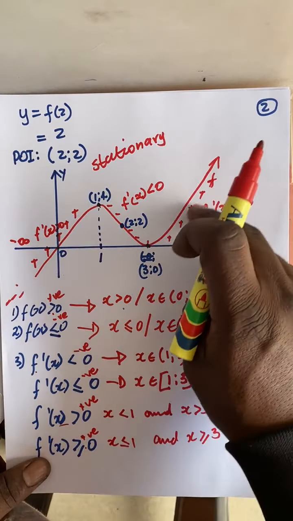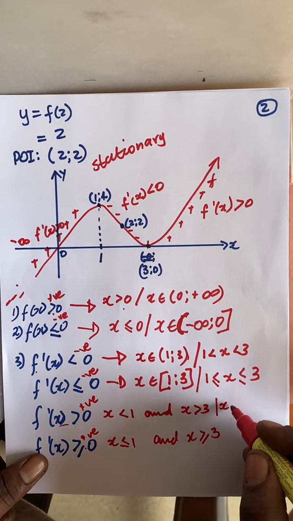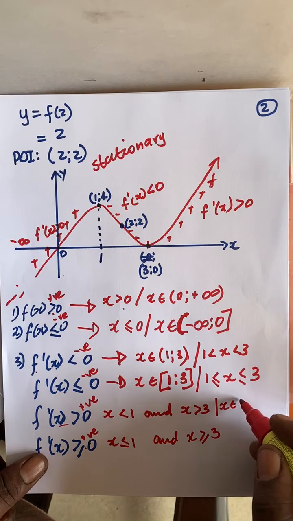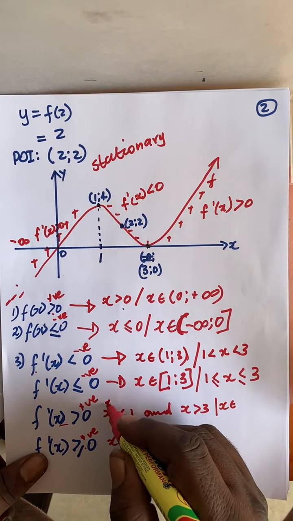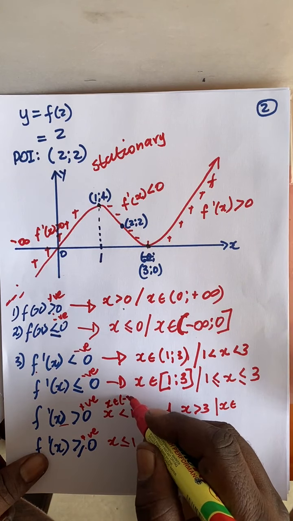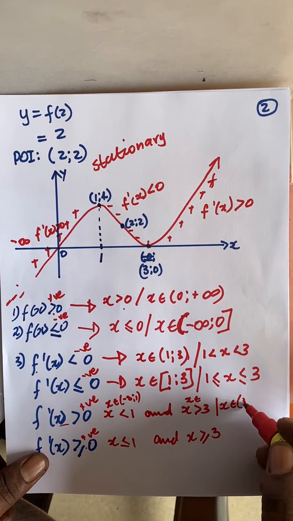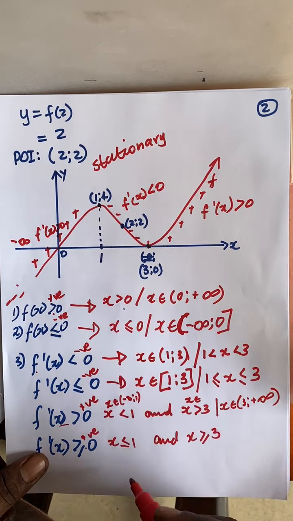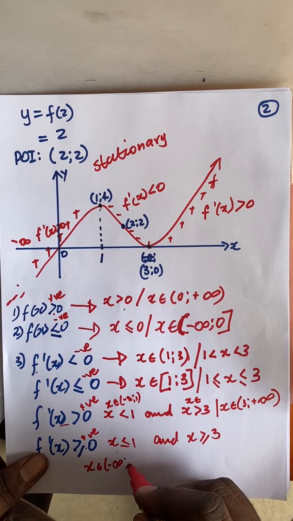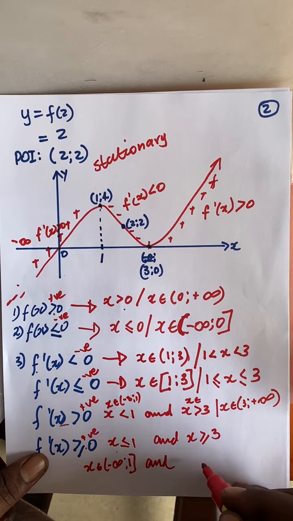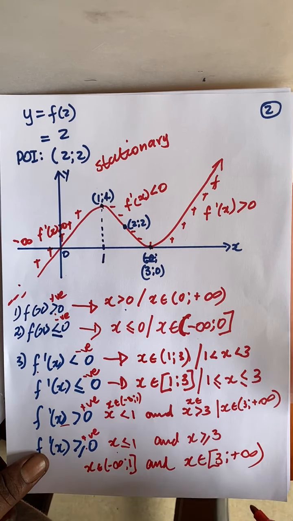In interval notation, x an element of negative infinity is to 1, and x an element of 3 is to positive infinity.